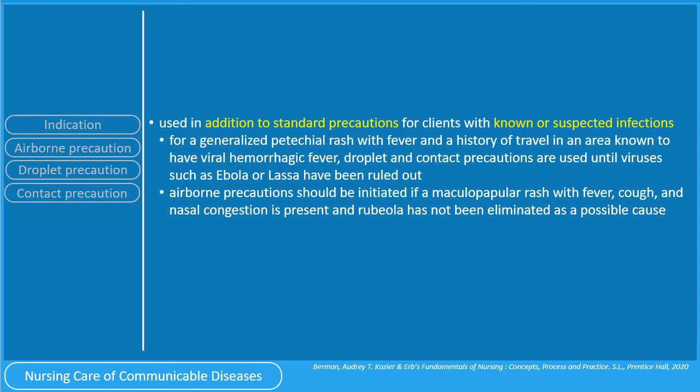CoSure adds, airborne precaution should be initiated if a maculopapular rash with fever, cough, and nasal congestion is present and rubeola has not been eliminated as a possible cause. It underscores the need to use transmission-based precautions every time infection is suspected.